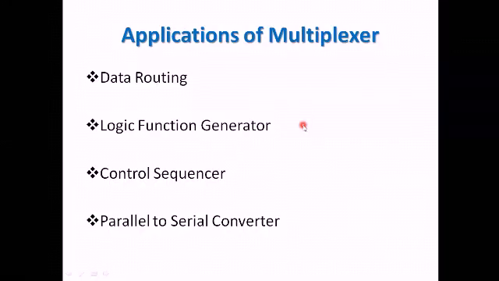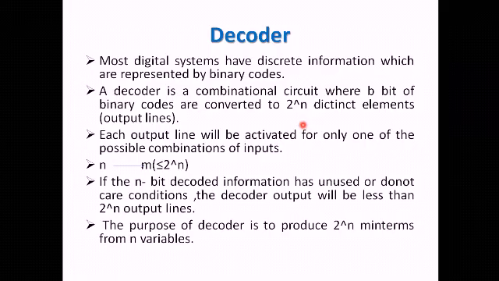Next, we are moving to the next slide, that is the decoders. We will be starting the decoders. Most digital systems have discrete information which is represented by binary codes. A decoder is a combinational circuit where n bits of the binary code are converted to 2 to the power n distinct elements, that is the output lines.